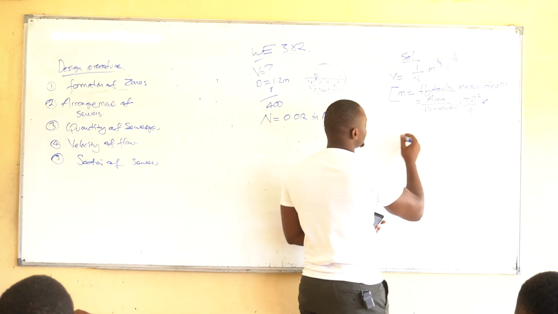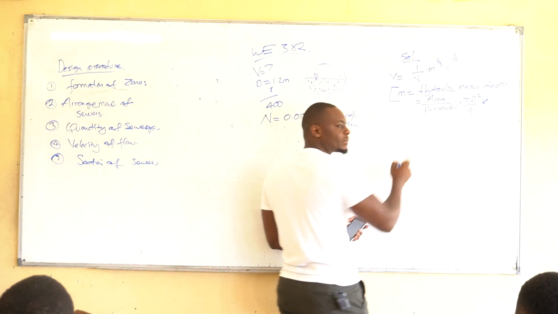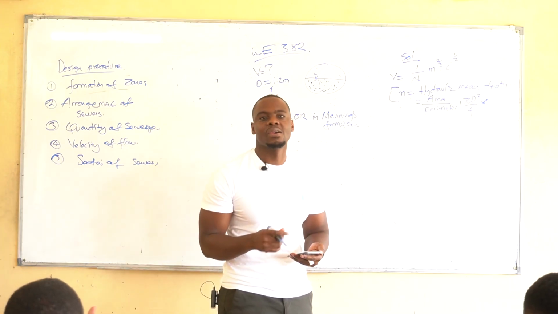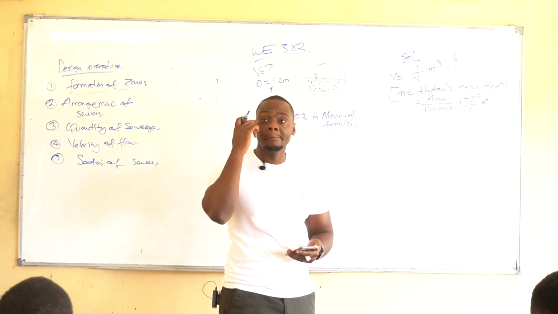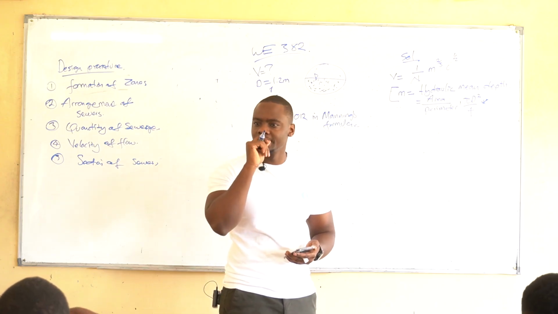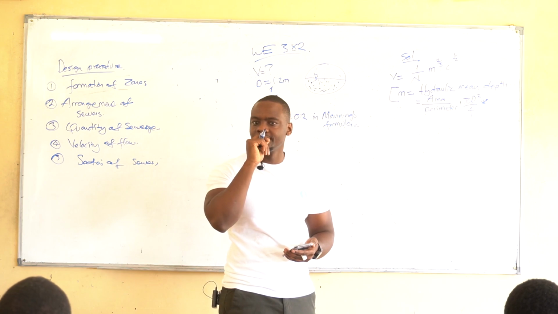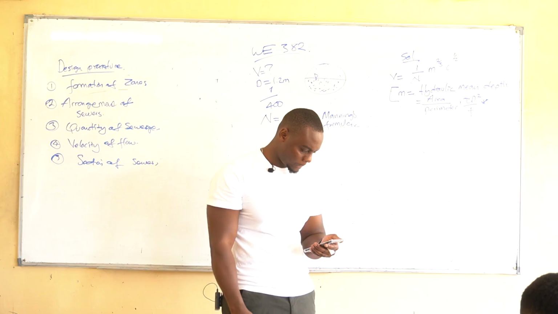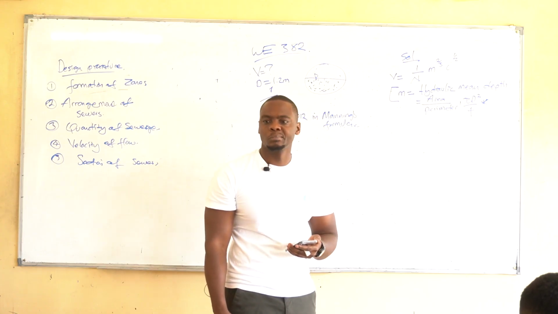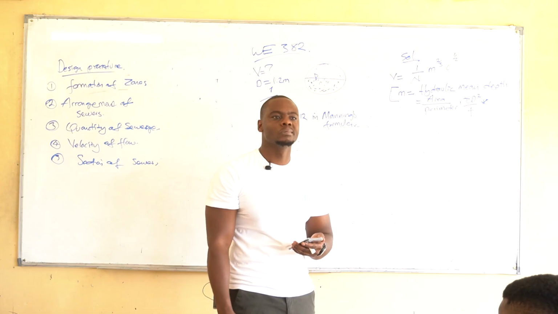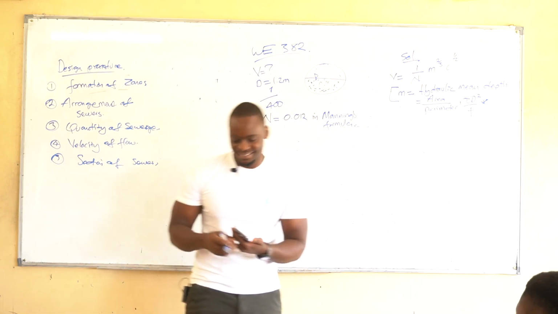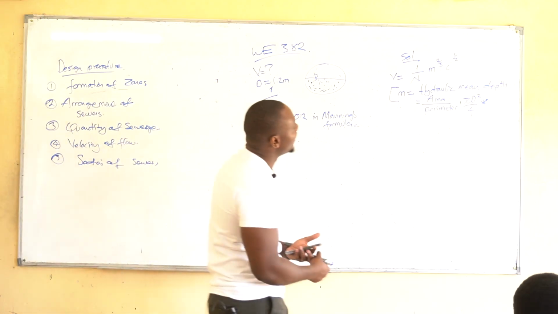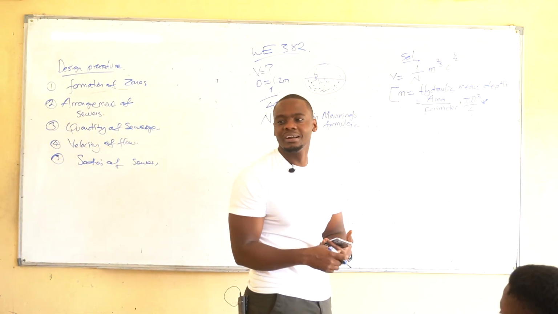What is the formula for perimeter? The perimeter of a circle.